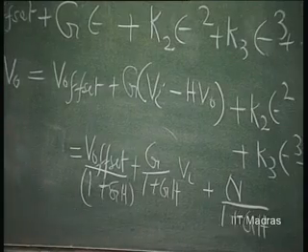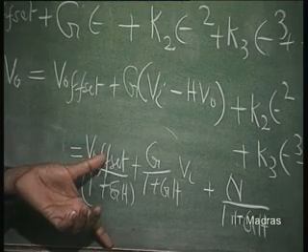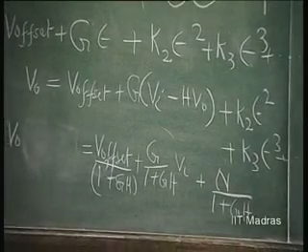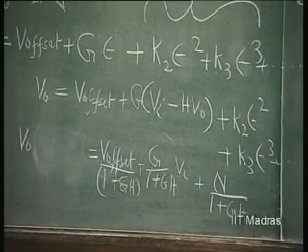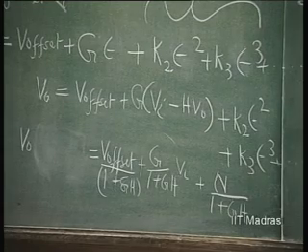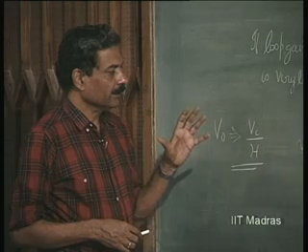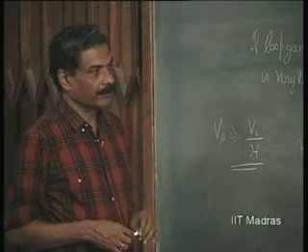So, even the noise that is generated within the amplifier is also reduced by a factor dependent upon the loop gain. So, this aspect of negative feedback amplifier design is an important criteria which must be always borne in mind.